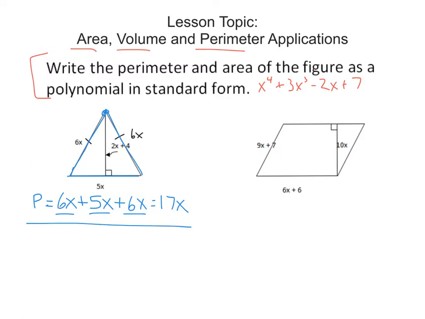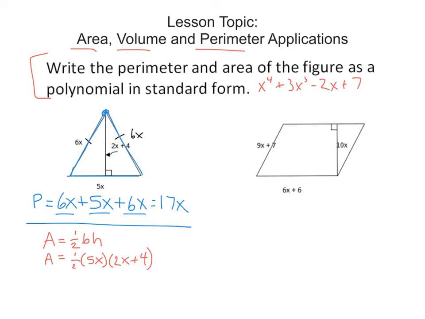Alright, now let's talk about area. Area of a triangle is 1/2 times the base times the height. So we're going to go ahead and fill those in. So area equals 1/2 times our base, and our base is 5x, times our height, and our height is 2x plus 4. Now you can see here why this is going to be applied to our polynomial work.